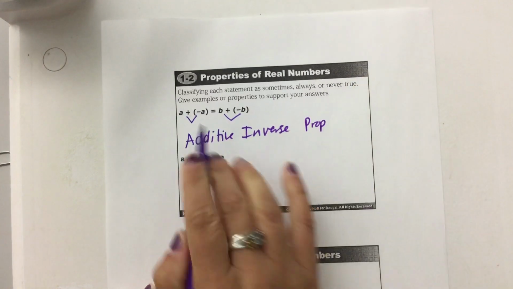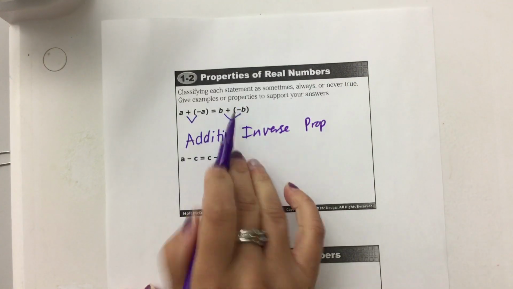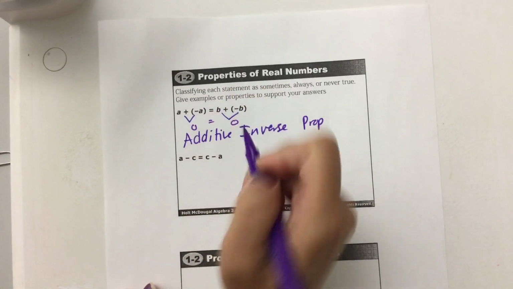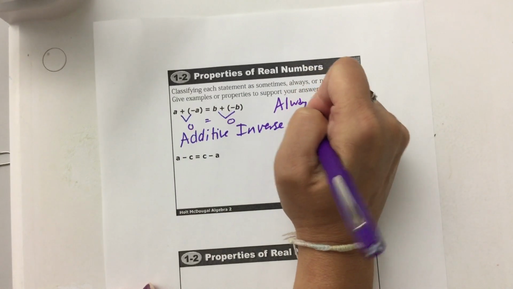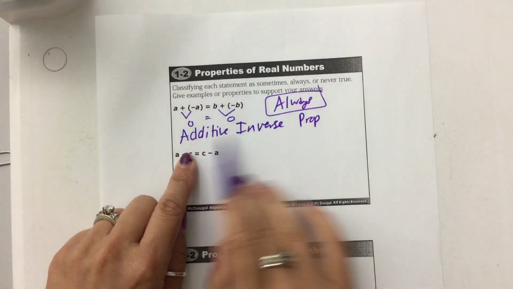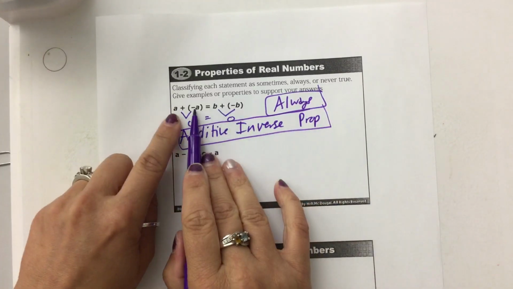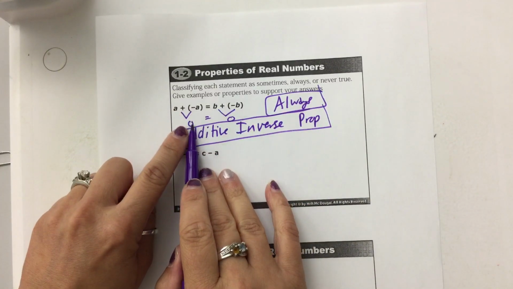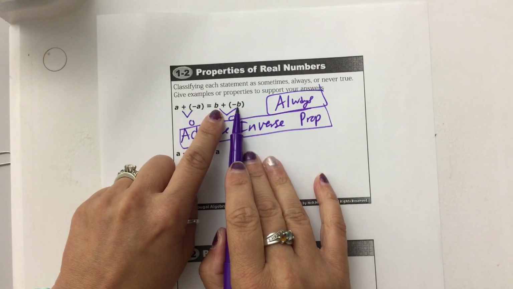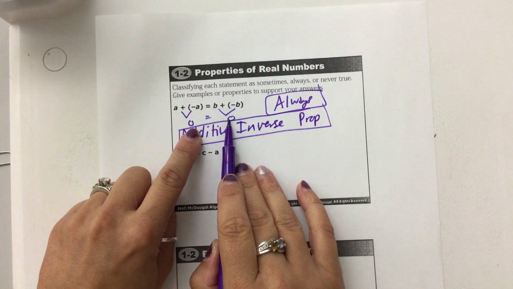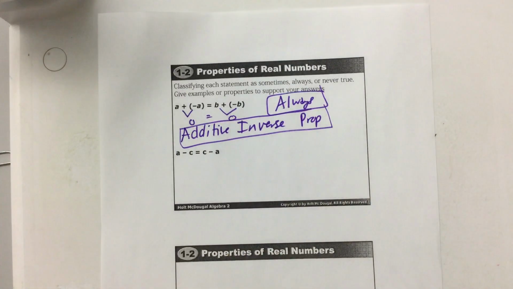And what that says is if you find the sum of opposites, it's always going to be a 0. So this is always, because this is an exact example of additive inverse property. Add inverses or opposites, get a 0. Both sides would be a 0, so this is always true.